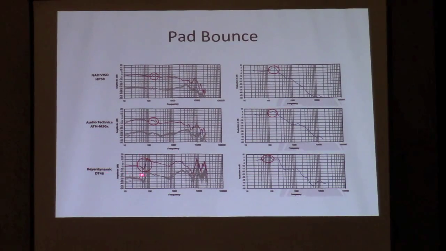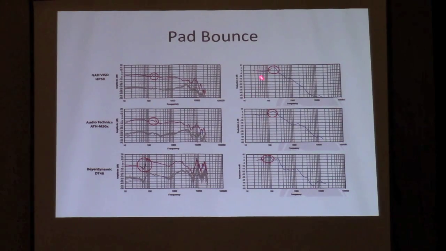This is the Beyerdynamic DT48, which is the world's record holder for longest in production headphone. It started in production in, I don't know, the 40s or maybe even earlier than that. Anyway, it's got bad pad bounce, but a lot of headphones you'll see it. It tends to not be a problem. You tend not to hear it because usually you don't have that much energy just sitting in that one space that you can hear it.